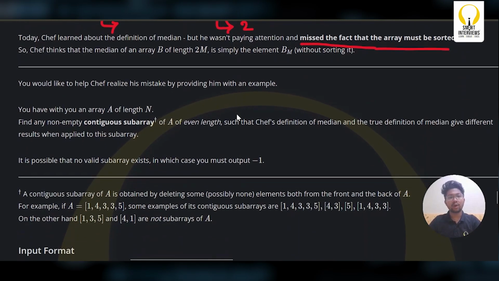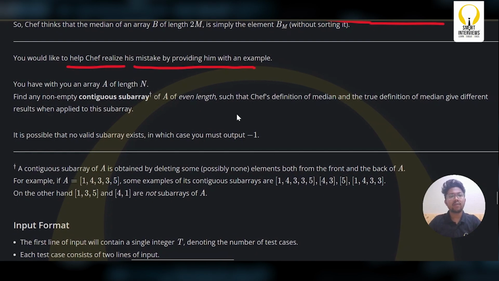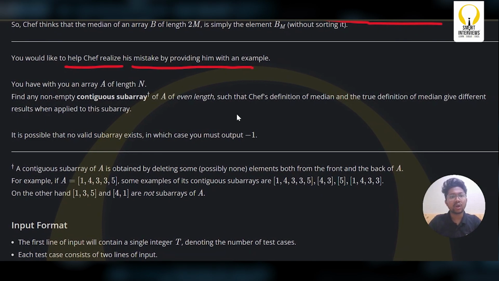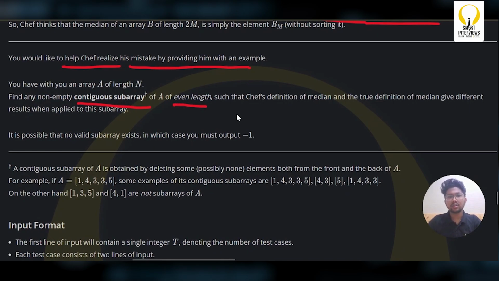Now, our task is to help Chef realize his mistake by providing him with an example. You have an array A of length n, and you're going to find a non-empty contiguous subarray of A of even length such that Chef's definition of median and the true definition of median give different results when applied to this subarray.